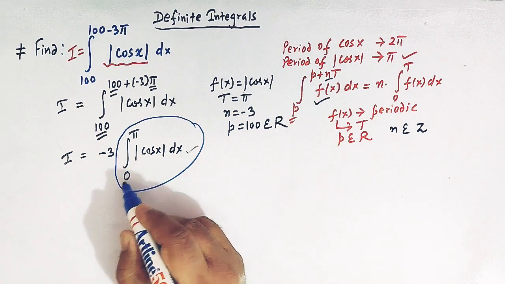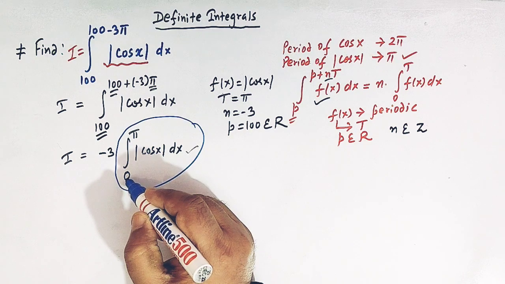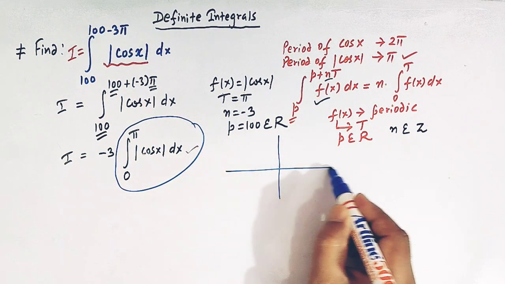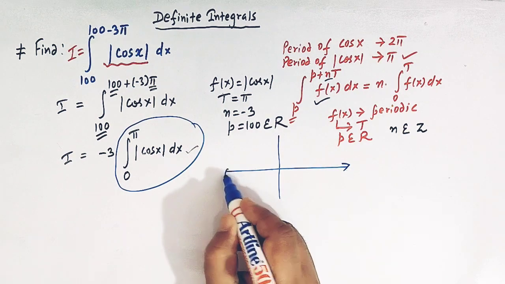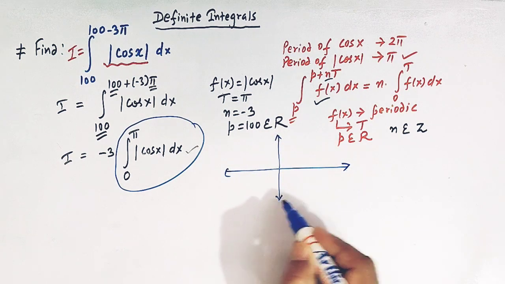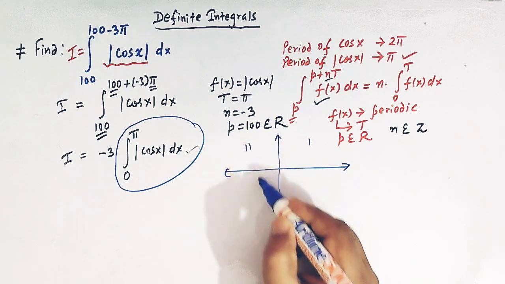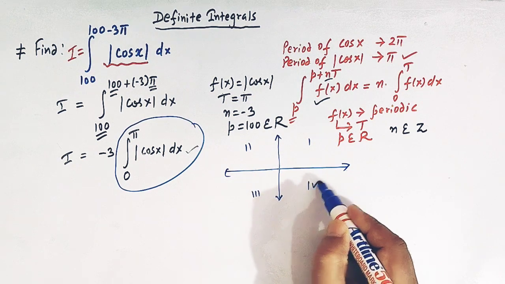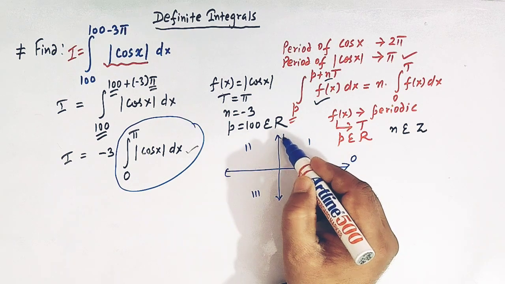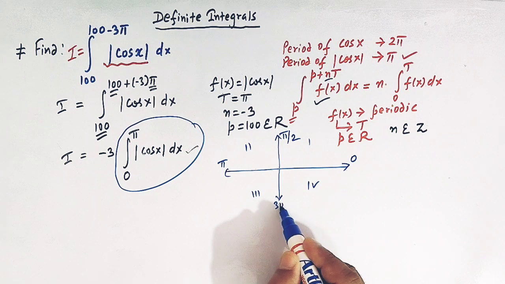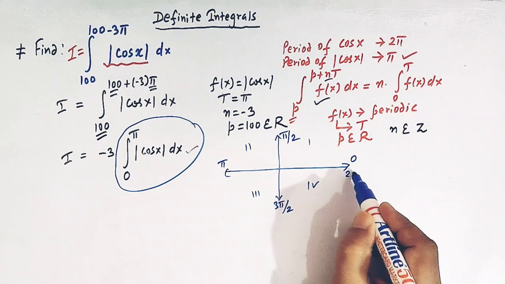Here we have the limits from 0 to pi. So we'll use the concept of sign convention of trigonometric functions in the four quadrants. This is the first quadrant, this is second, this is third, this is fourth, and here we have 0, pi by 2, pi, 3 pi by 2, and 2 pi.